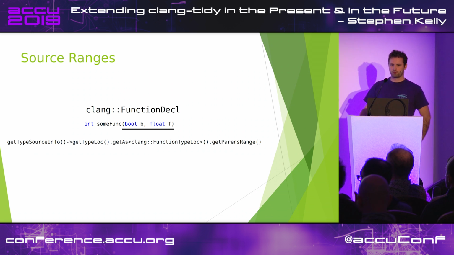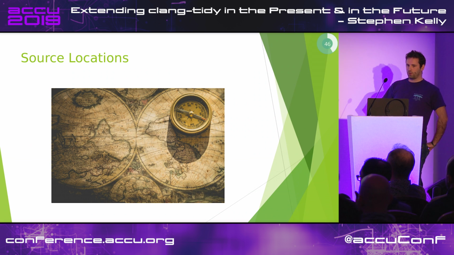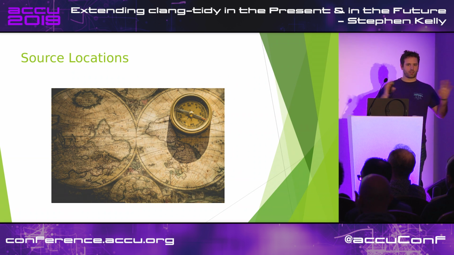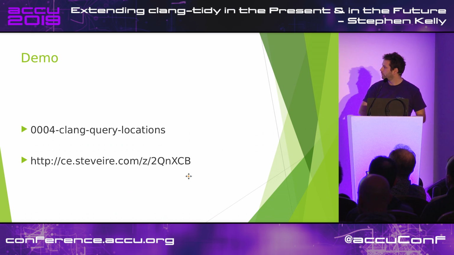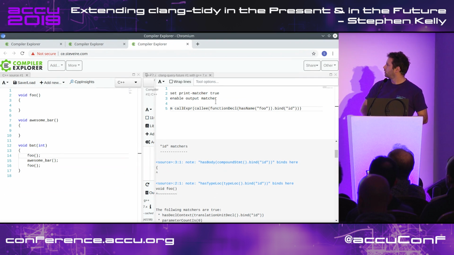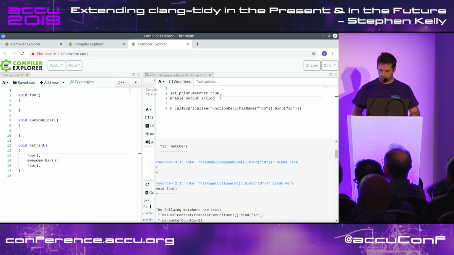And again, we have a discovery problem. Like, how are you ever going to figure this out? You need some way of navigating these locations. So once again, we can do that with clang-query. So instead of saying we want matcher output, now we say we want source location output.